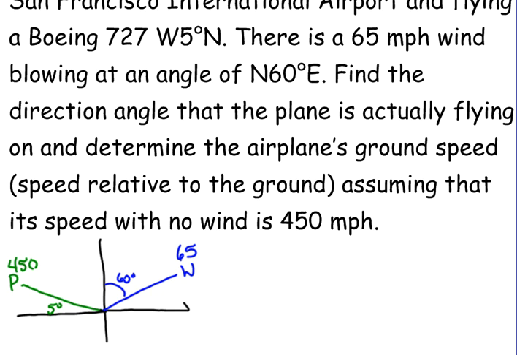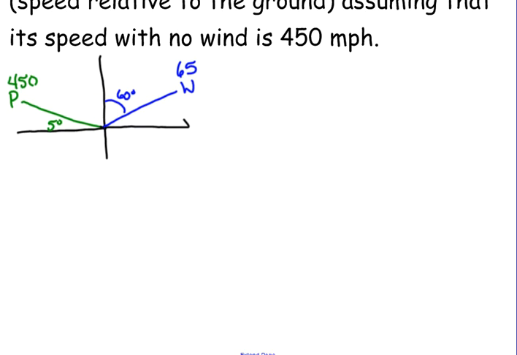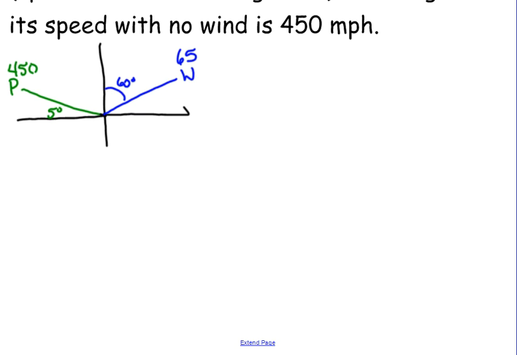Okay, so let's break it down into their components. We've got everything we need. Now we can break it down into their components. So let's start with the plane. The x component is 450 times the cosine of 175 degrees, the angle made with the positive x-axis.